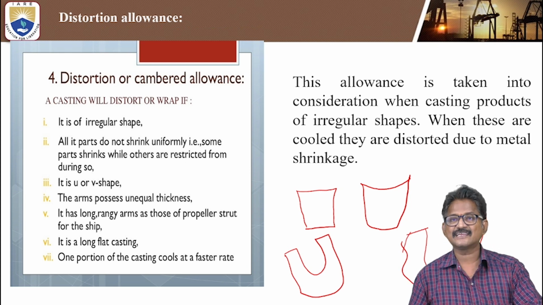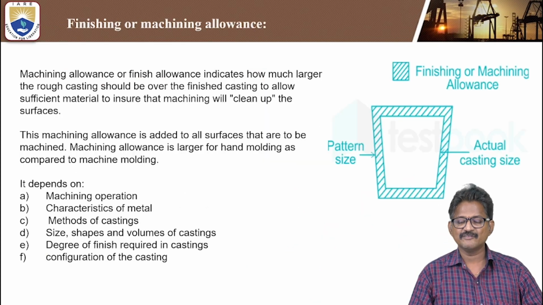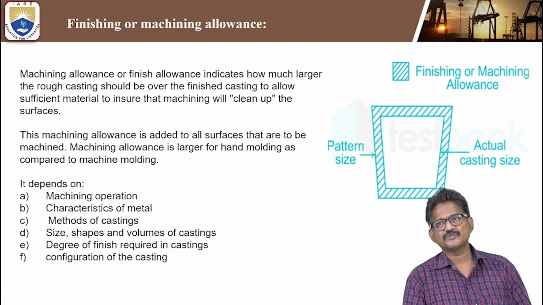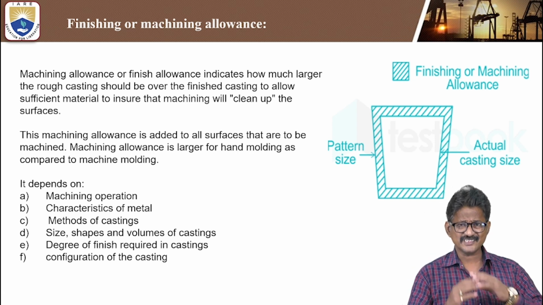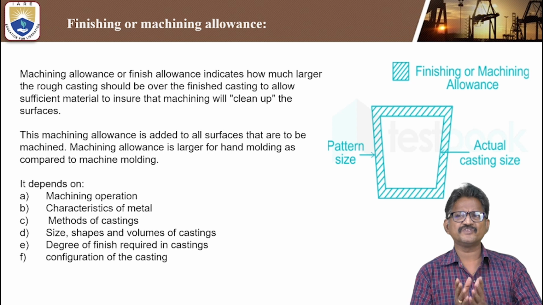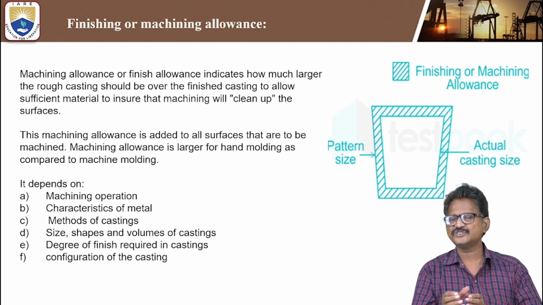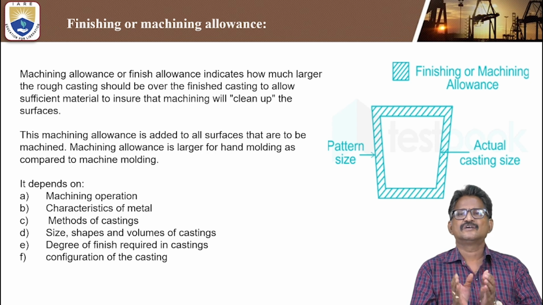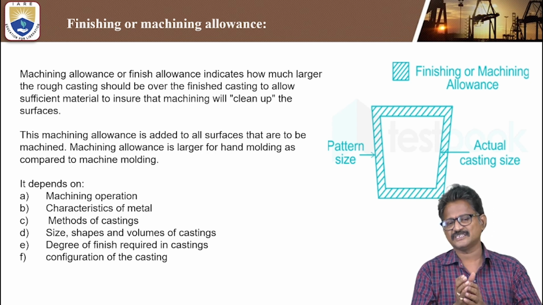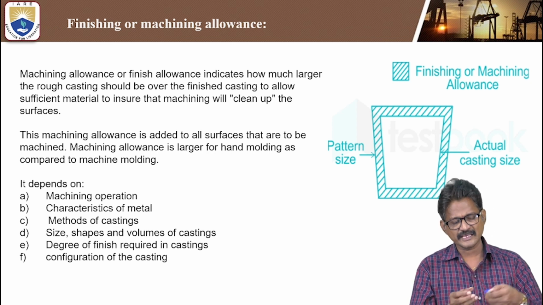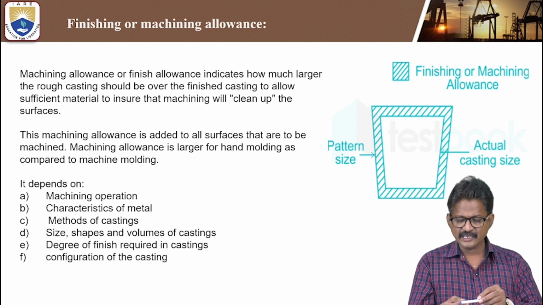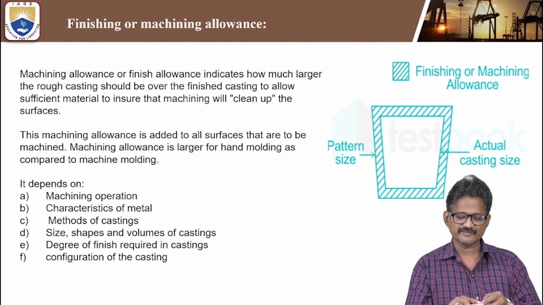Okay. So next, another important allowance is the finishing or machining allowance. In this machining or finishing allowance, majorly any component after producing, we need some surface finish, we need some finishing. After making the component, some rough surfaces will be there.